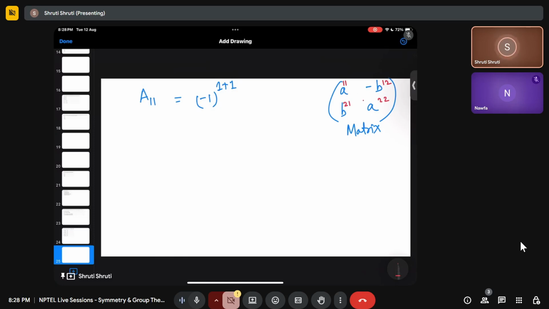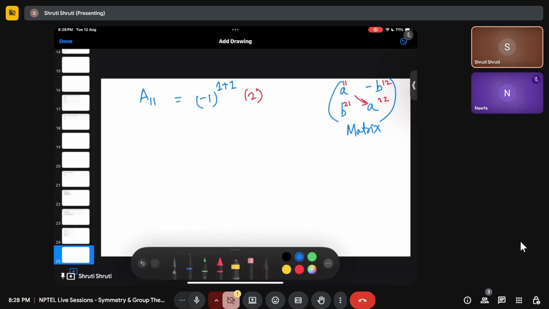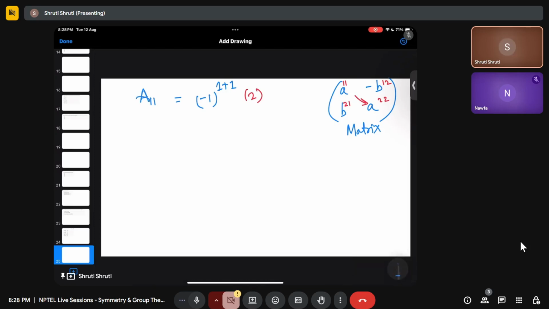So opposite to a11 is this, into 2. This will be your first element of the adjoint matrix, which I will write as capital A. A12 will be minus 1 to the power 1 plus 2. This is a12, so opposite to this is this element, into B. Why did I write 2 here? It should be A.